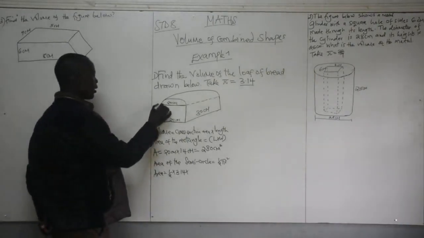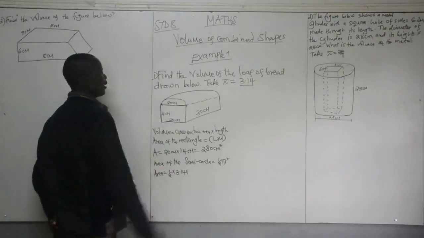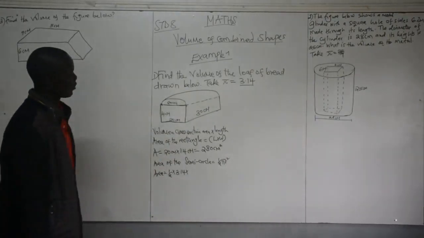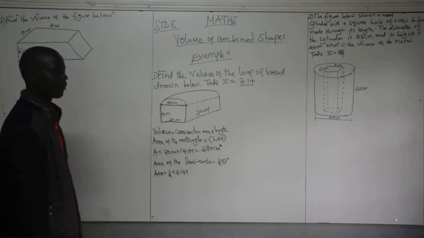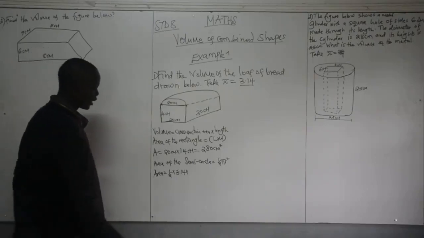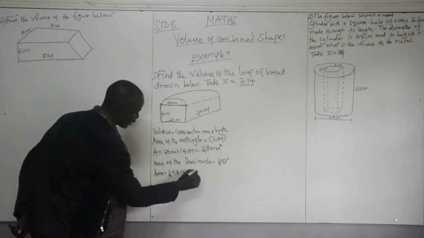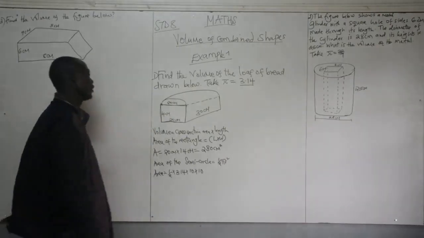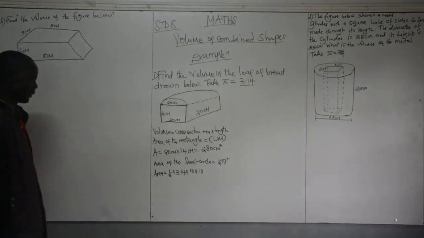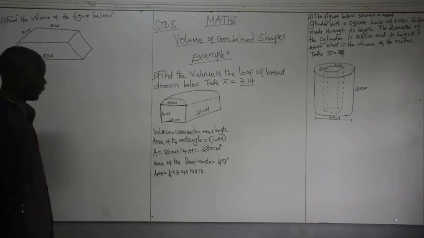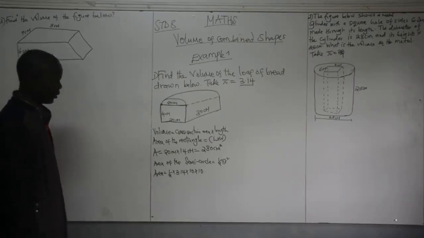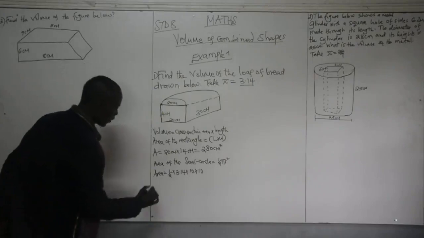So this one is the diameter. The diameter is 20 centimeters. That means the radius is a half of the diameter. A half of 20 is 10. So we multiply by 10 again, times 10. Now, let us work this out.